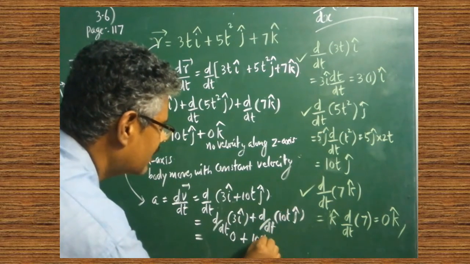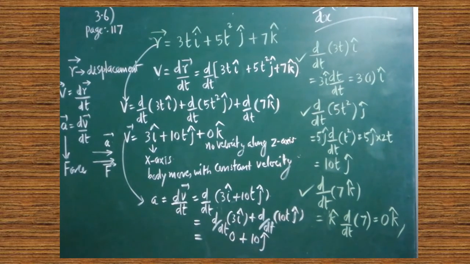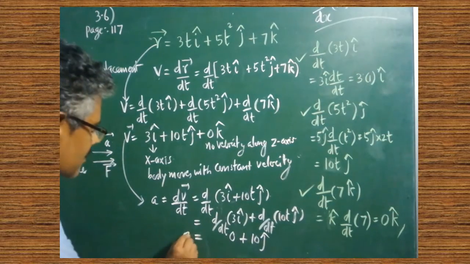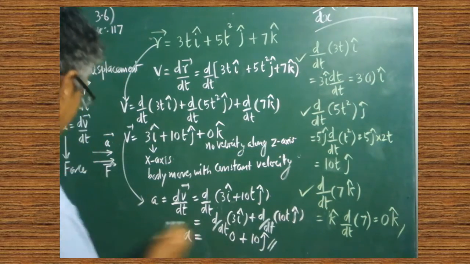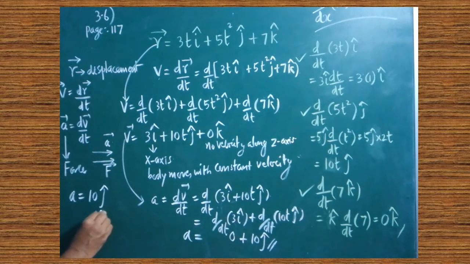Therefore 10j cap is the final answer. So the acceleration value is 10j cap. The magnitude of the acceleration is 10 units. It is acting along which axis? Y axis. The j cap indicates that acceleration is acting along the y axis.